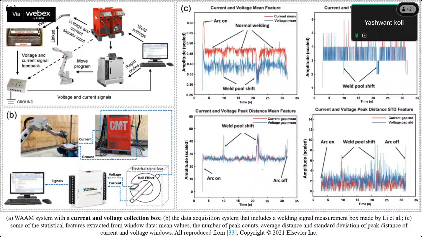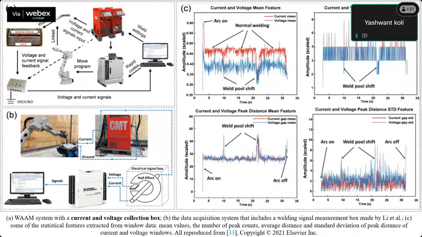This is the current and voltage sensors. The welding current and voltage are fundamental signals that can be collected during WAAM and welding to provide real-time feedback on the process stability and defect formation.